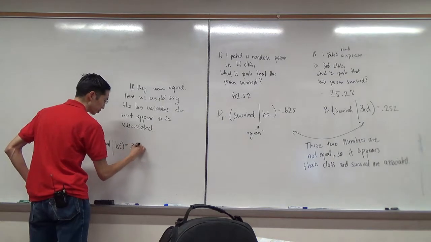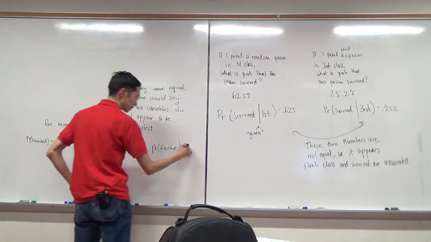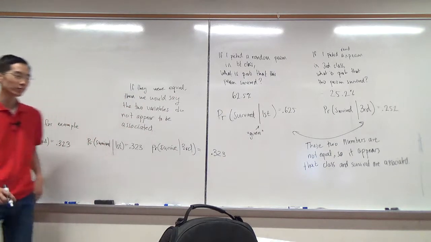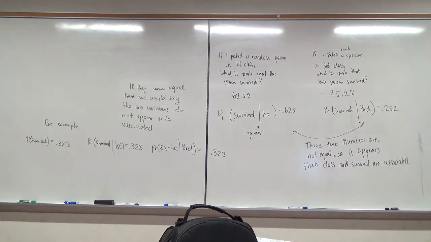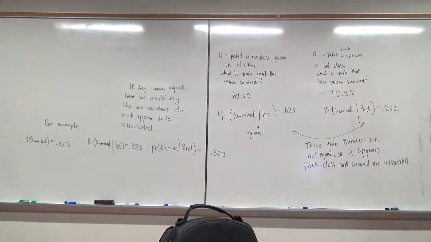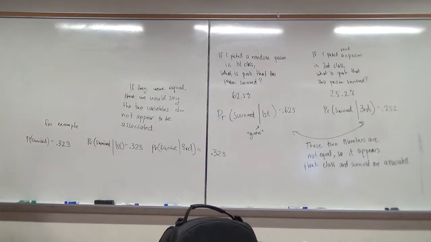That should also be equal to 0.323, and probability of survival given third class should also equal 0.323. If that were the case, then we would say that the variables are not associated. Whether someone is in first class, second class, third class, or a crew member had nothing to do with this person's chances of survival. Is that good? All right.